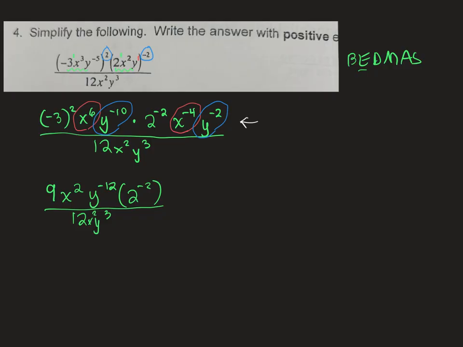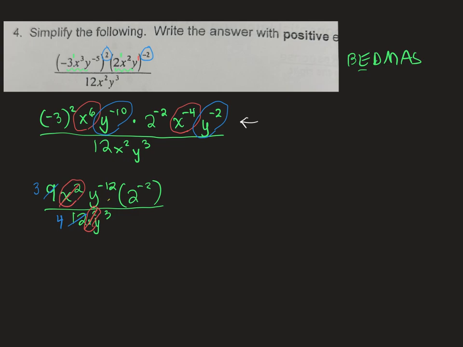Now the 9 and the 12, we could reduce that a little bit and divide out a 3. So 9 divided by 3 would be 3. 12 divided by 3 would be 4. Now with the x, we have x squared divided by x squared. Well, those are exactly the same, so we can just divide them to equal 1, as in those two powers are now gone.